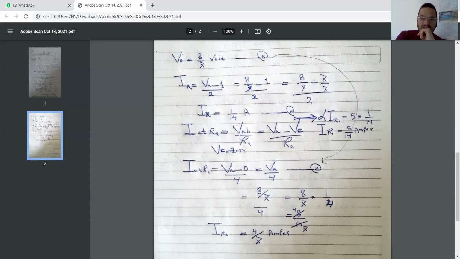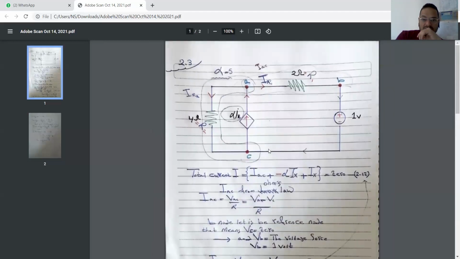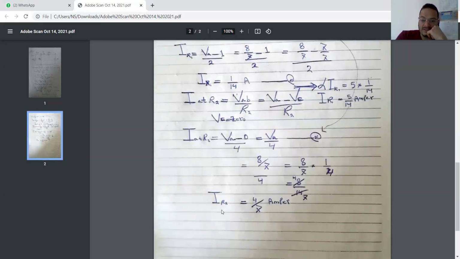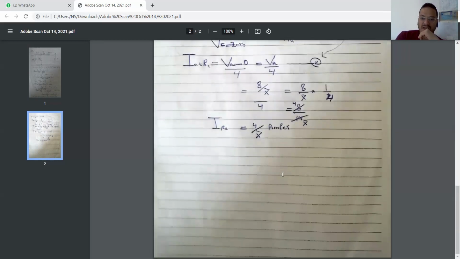I at R2, VAB minus, no, that's wrong, VAC equals VA minus VC, and like we said before, VC equals 0, so that will stay like VA divided by R2. VA equals 8 divided by 7, and at the same time R2 was 4 ohm. That means we could calculate the current at resistance number 2 equals 4 divided by 7 ampere.